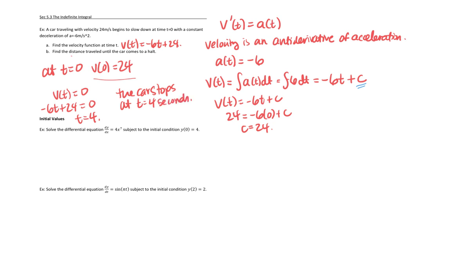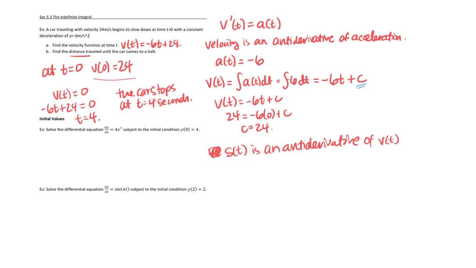But it's asking for the distance traveled. Well, how is distance traveled related to the idea of velocity? So I know that the distance traveled is an antiderivative of velocity, because when I take the derivative of position, I get velocity.